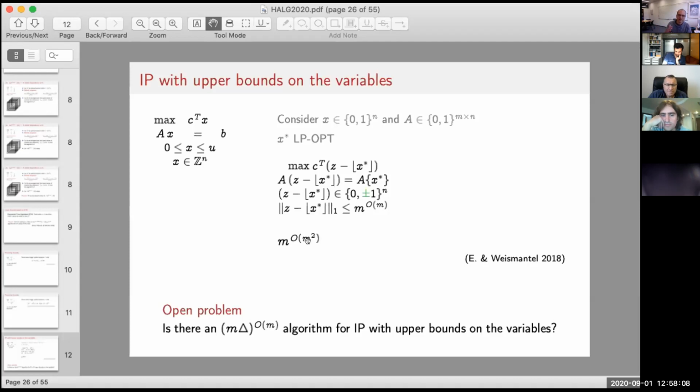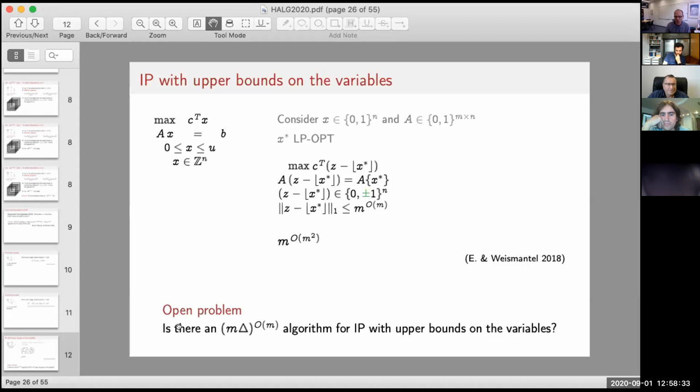And here's my favorite open problem, or one of my favorite open problems. Now let's take integer programming with few constraints and the matrix is 0-1, okay? So we have M rows, n columns, and the matrix is 0-1. Is there an M to the O of M algorithm for integer programming with 0-1 variables?